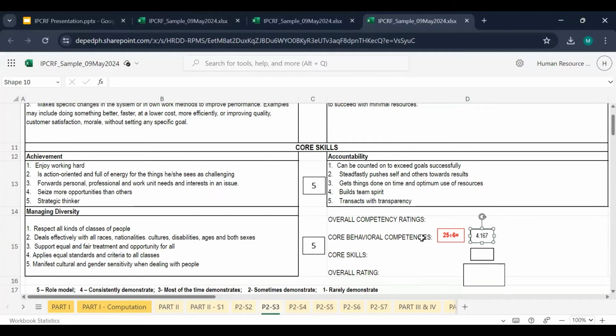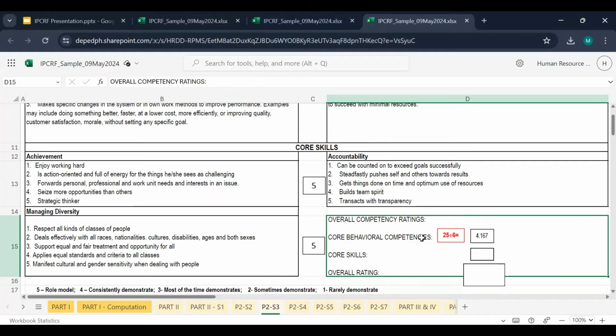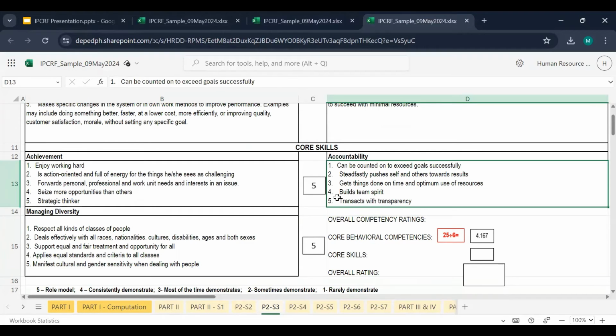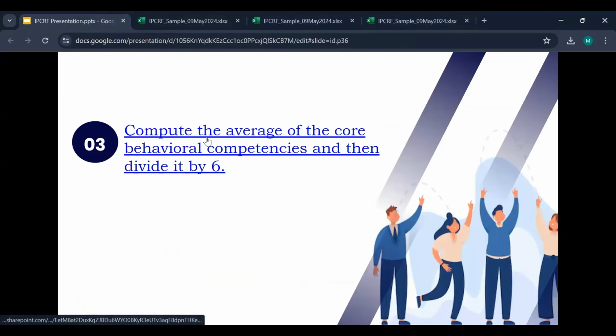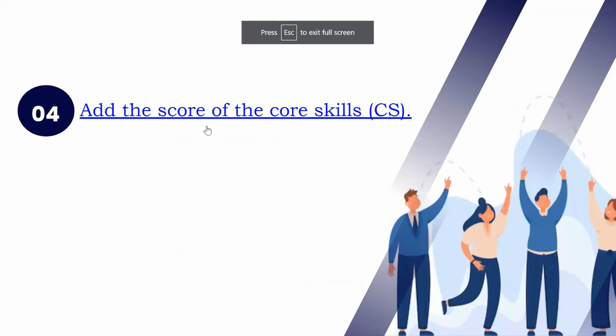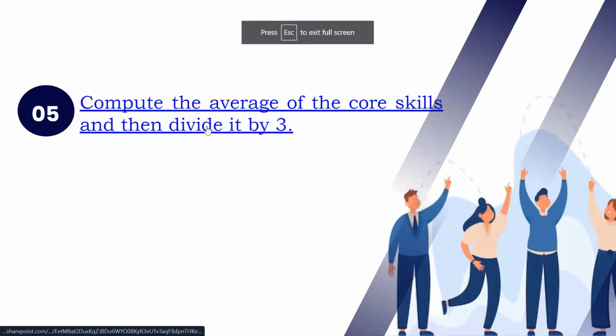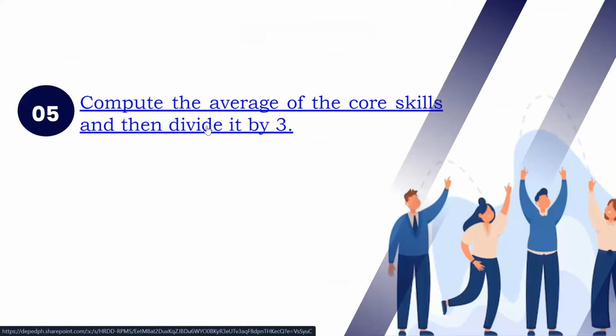under this section. So let us do the same as what we did in the core behavioral competencies. First, add the score of the core skills, then compute the average of the core skills and then divide it by 3.